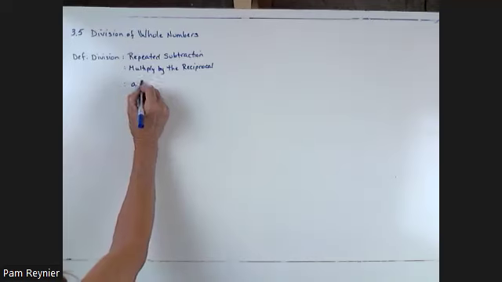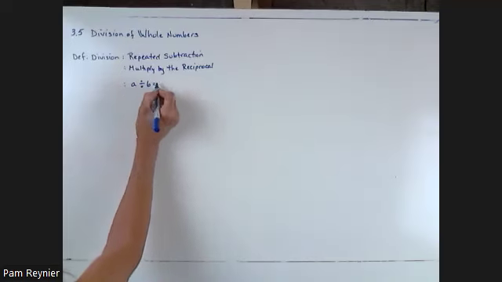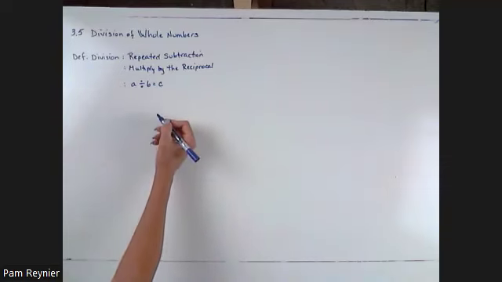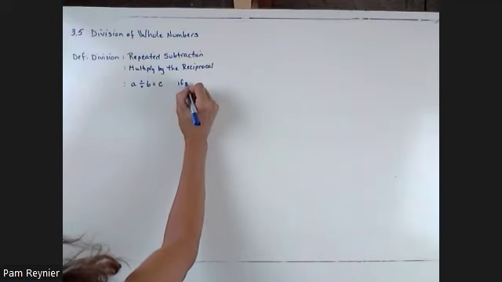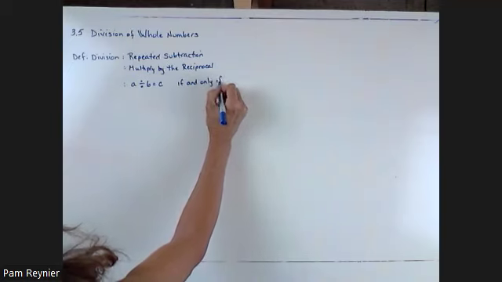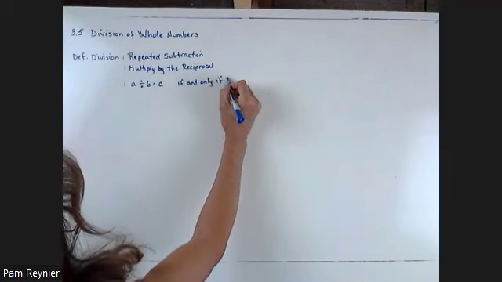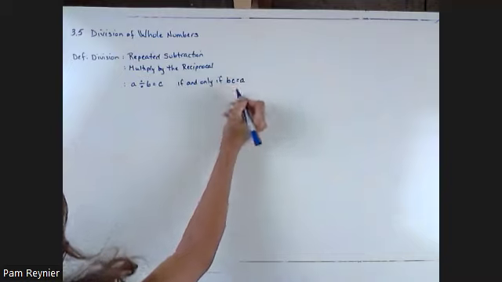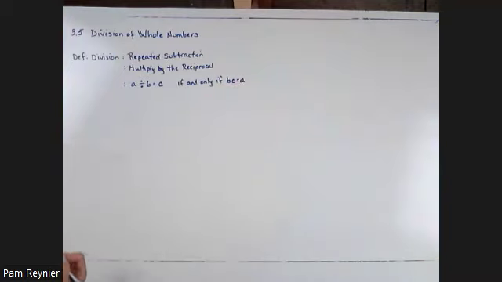And we can look at it as A divided by B will always produce a number C if and only if B times C equals A. And we'll talk about that a little bit further.